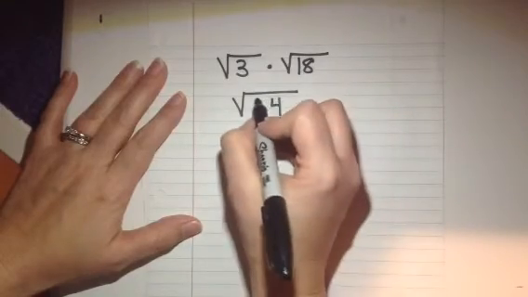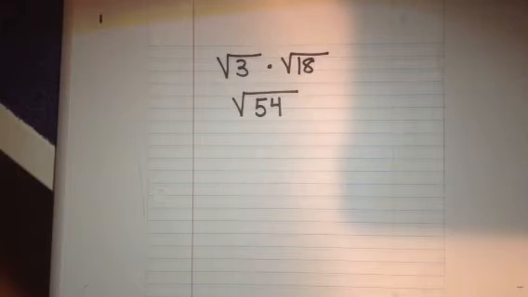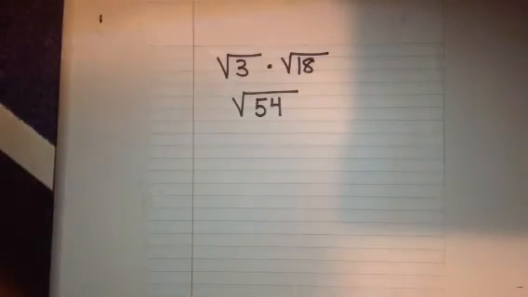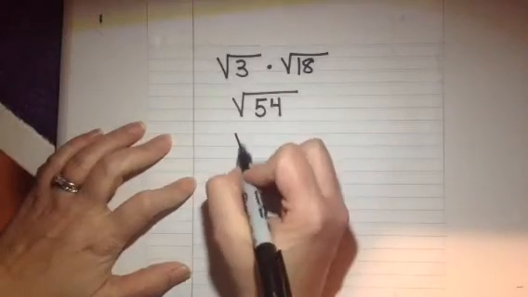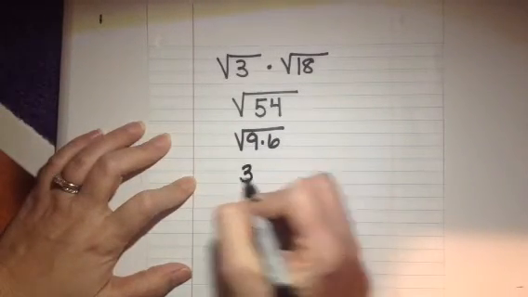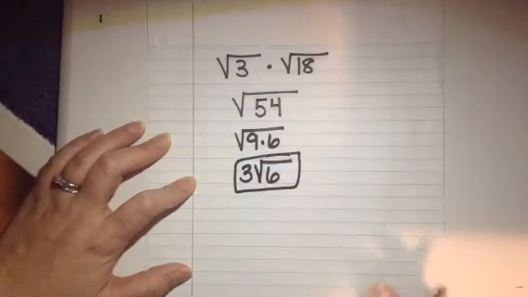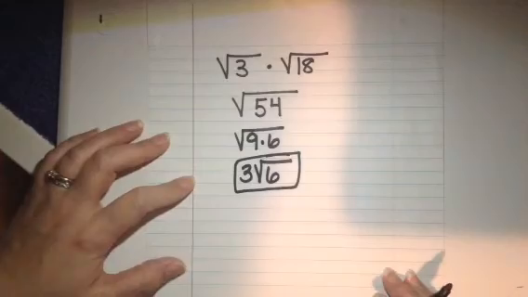Carry the 2. All right, we've done this one before, 54. So we found a perfect square a while ago that would go into 54, and that is 9. 9 times 6. The square root of 9 is 3. It comes to the outside. Square root of 6 stays under there, and it's complete.